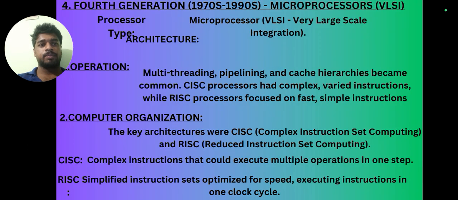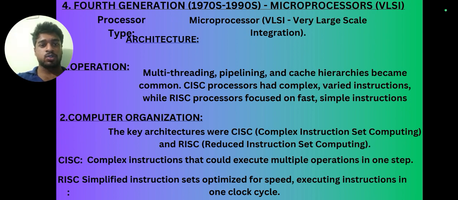Fourth generation. The processor is the microprocessor, VLSI, very large scale integration. In the architecture, operations such as multi-threading, pipelining, and cache hierarchies become common. CISC processors had complex, varied instructions, while RISC processors focused on fast, simple instructions.